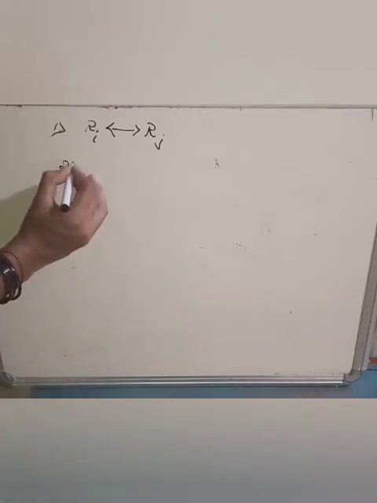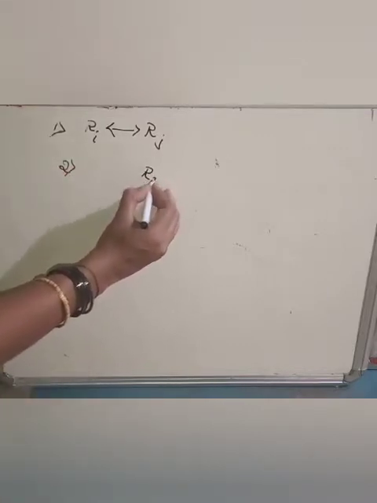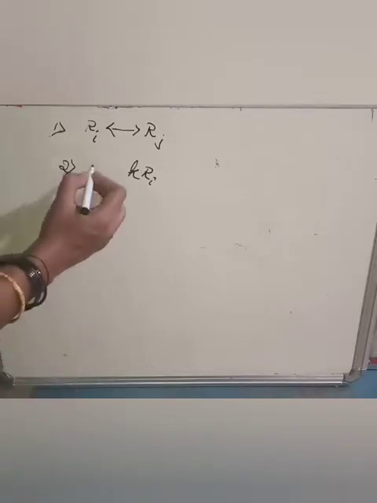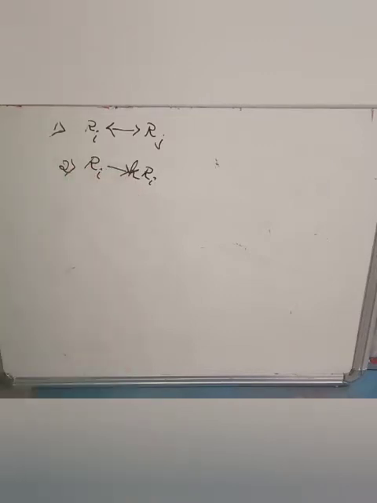The second elementary operation is that any row is multiplied by a non-zero constant, where k is a constant which is not equal to 0. Any row multiplied by a non-zero constant results in any other row or the same row.